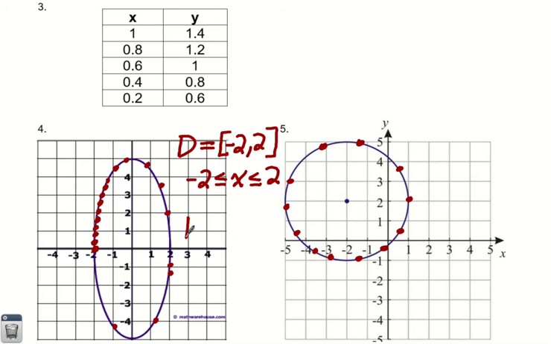The range, remember, is all of the y values. I know there's an infinite number of them, but can we give an interval? Does this graph go down forever, or is there a lowest y value? And does the graph go up forever, or is there a highest value for the y coordinates? It turns out that the lowest we go here is -5 for the y coordinates.